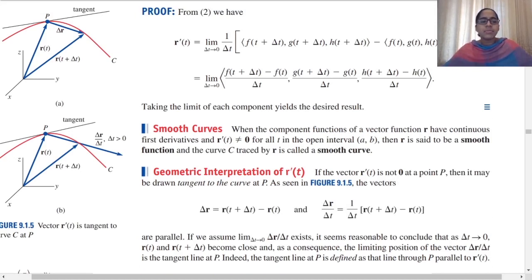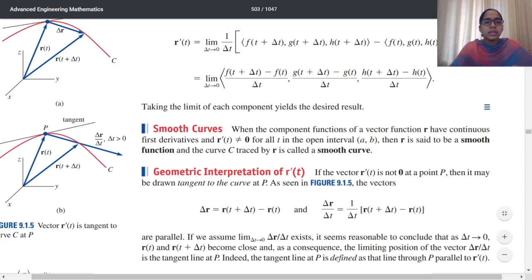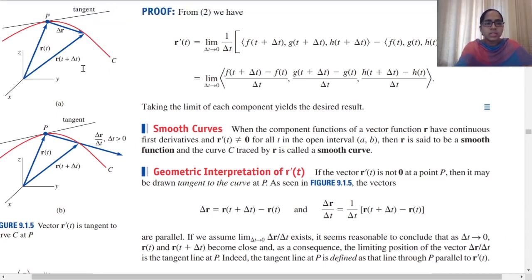We can see from figure 9.1.5 that if we consider two vectors r of t and r of t plus delta t, then delta r will be the difference of r of t plus delta t and r of t. Delta r is equal to r of t plus delta t minus r of t, and delta r by delta t will be 1 by delta t into r of t plus delta t minus r of t.